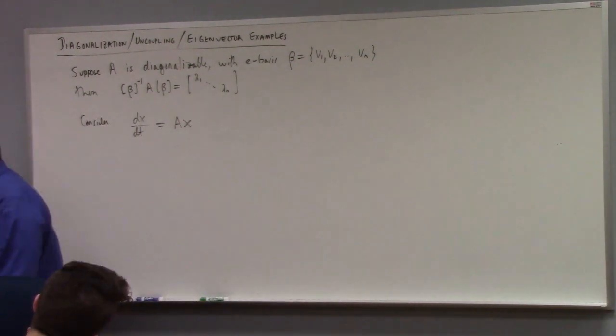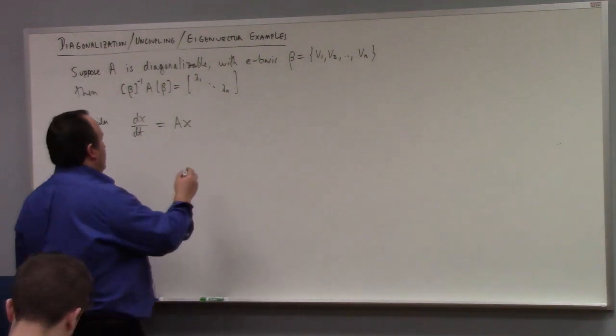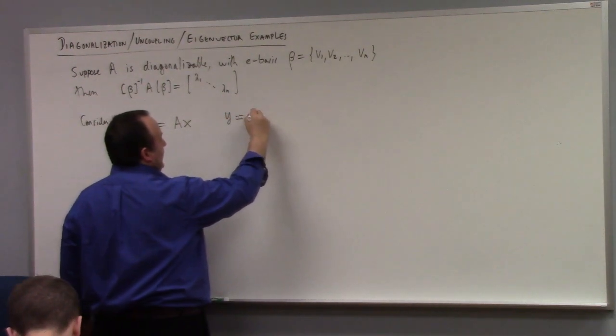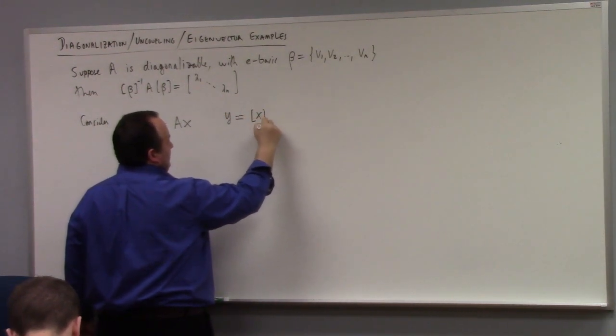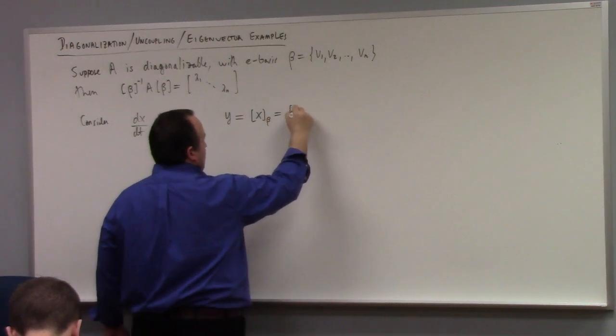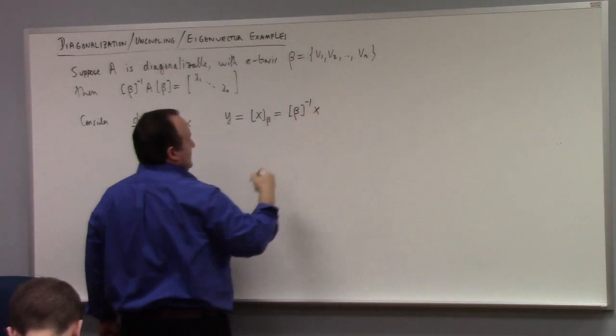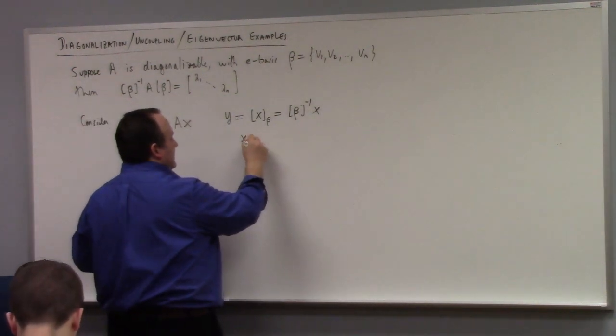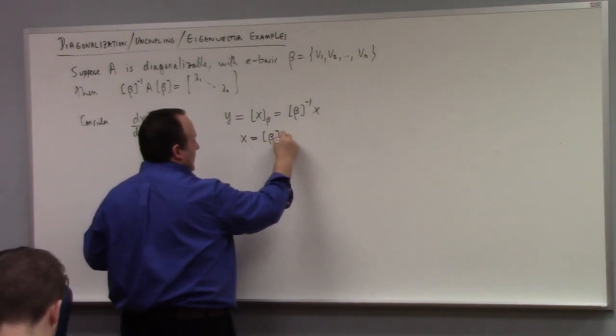Man, half the class wasn't here to see that. Rats. Then we're going to make a substitution. Y is the coordinate vector of x with respect to beta, right? A straight up formula for that is beta inverse x, which means, among other things, that x is also equal to beta y, right?